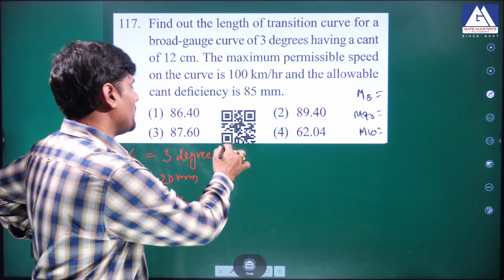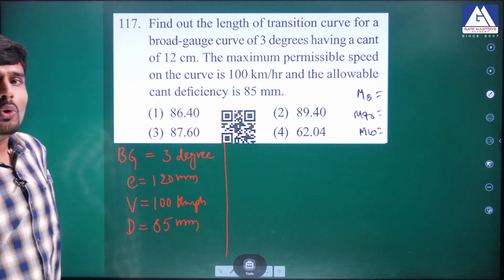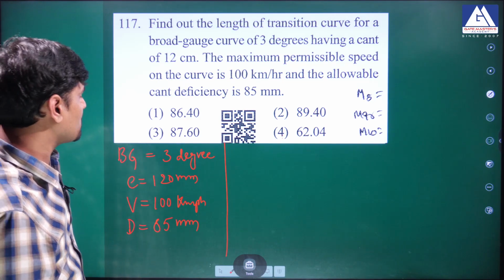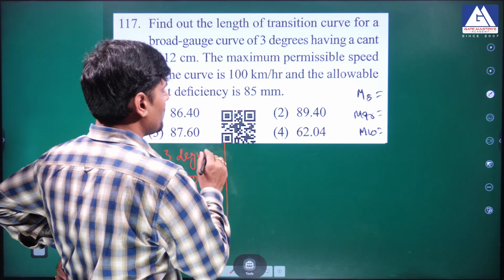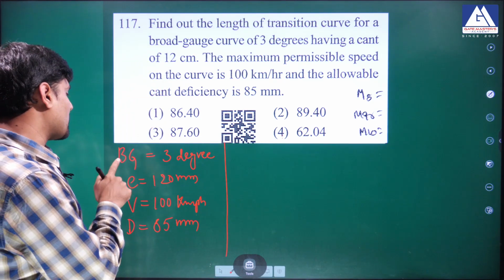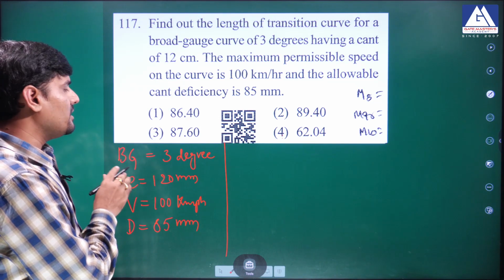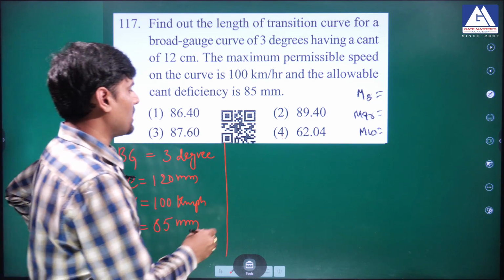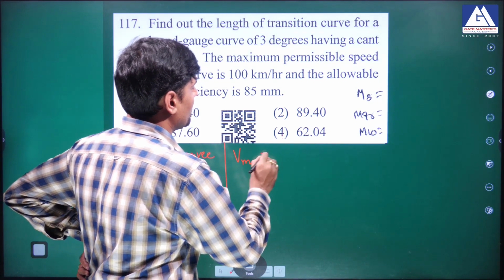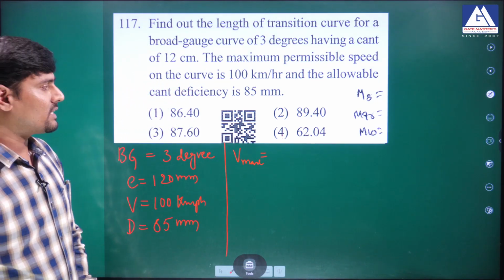And there is a clear cut formula. If you look at the railway engineering specifications given by Indian Railways, there is a clear relationship between speed, degree of the curve and the cant. So there are 2 formulas to calculate the maximum speed of the track.